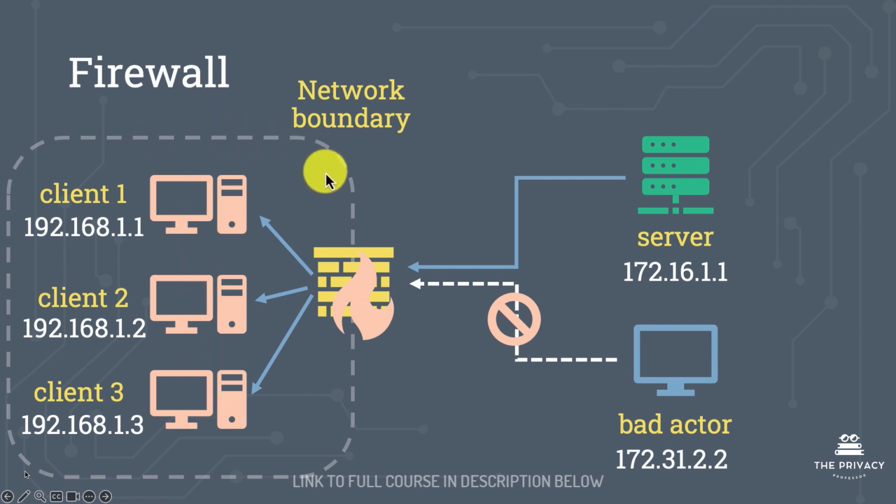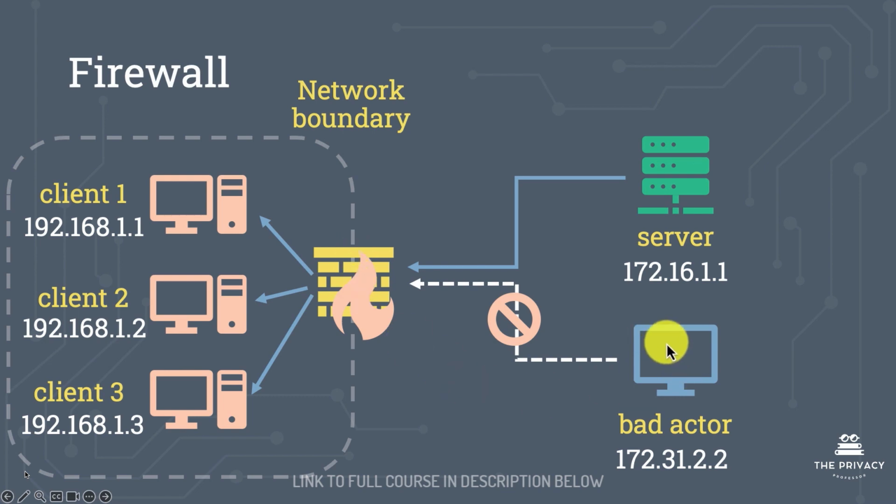And so I've used this dotted line to indicate that this is a network, let's say an organization. We have our 3 work computers. They're each on different IP addresses. And what will happen is these clients will ask for data from a server. And if the firewall is configured to allow the data from the server to pass, then it will come in and the clients will receive the data that they've requested. And so the firewall allows that data to traverse the network boundary.